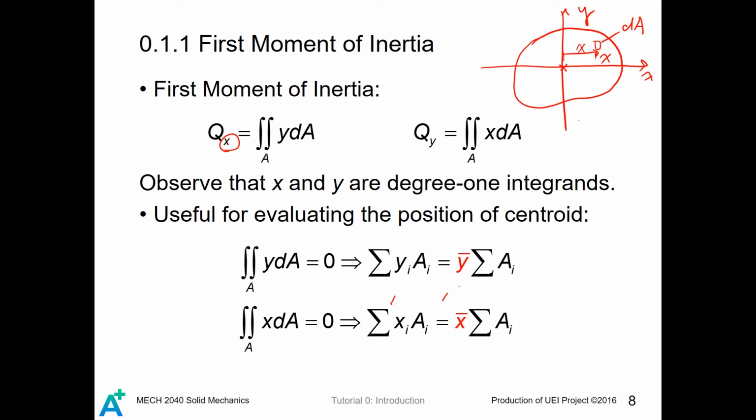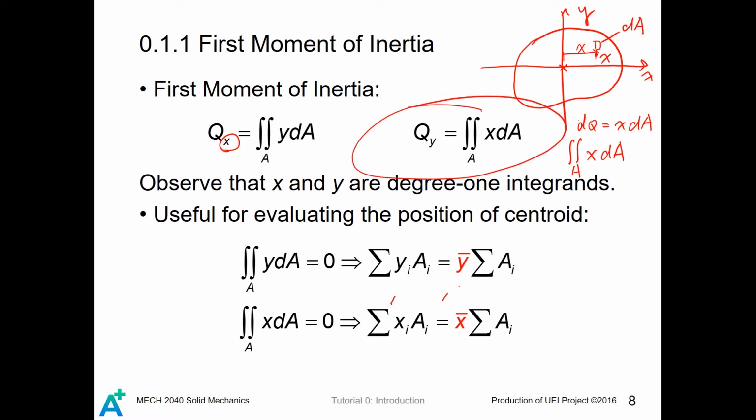Then the differential first moment of inertia dQ is given by x dA. And consequently, in order to summarize or integrate the entire area, we just take the double integral of it, x dA. This is why you can have such definition.